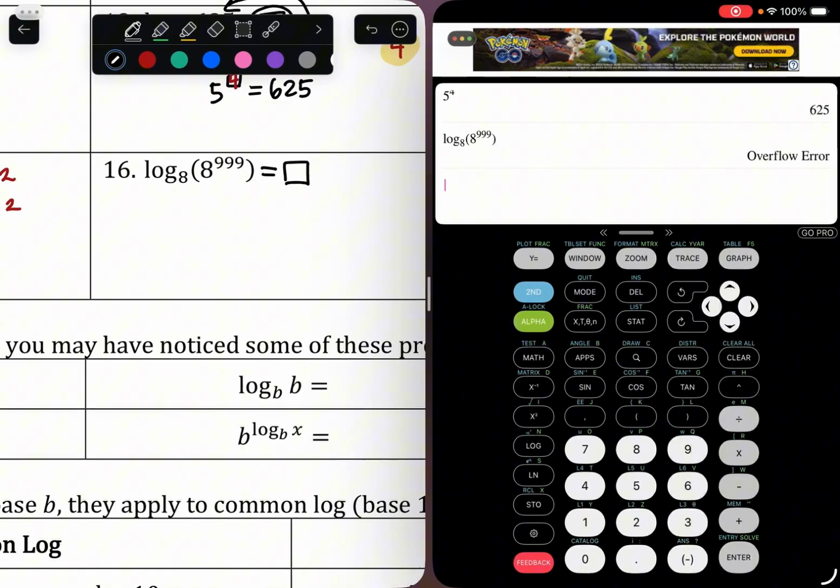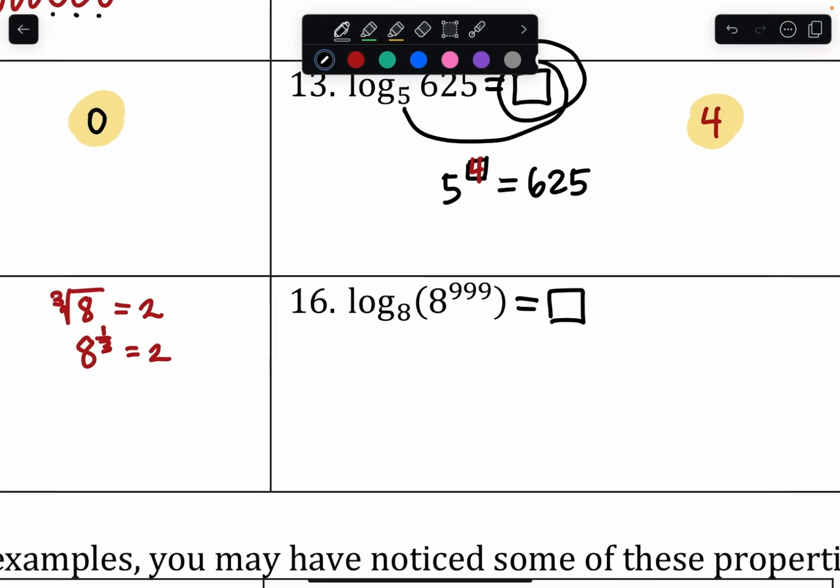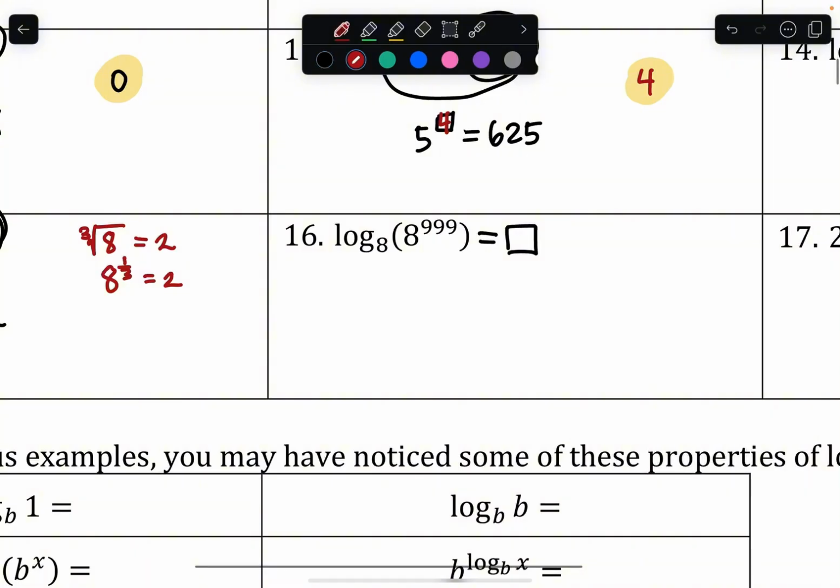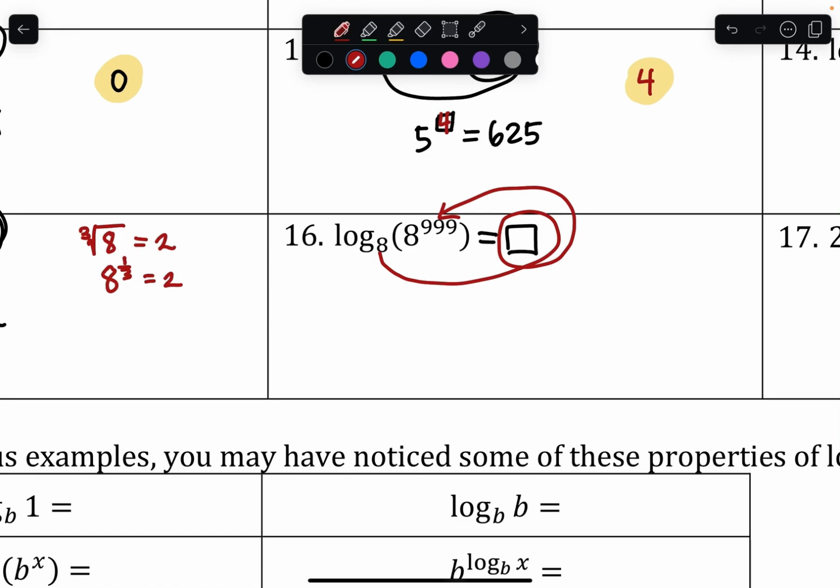So even having a calculator wouldn't help you, and that's why it's important to know how to do it without one. If I convert it, 8 to some power equals 8 to the 999th, and so it tells you the answer. You would just fill in that blank with 999.